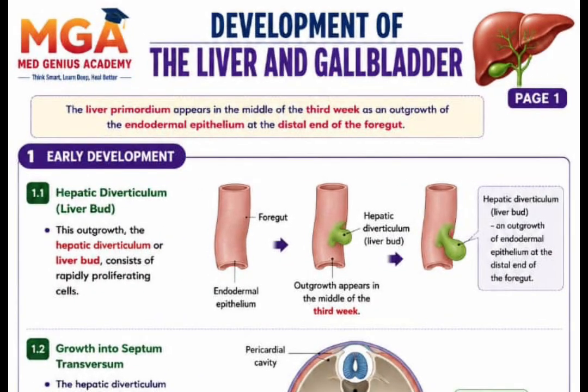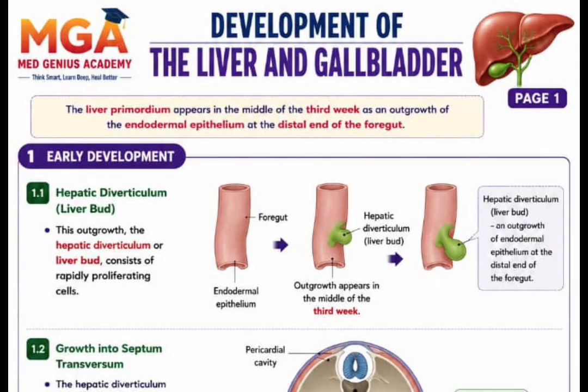Now, to begin this, we want to introduce: when does it start? When does the liver start to develop? The liver primordium appears in the mid part of the third week as an outgrowth of the distal part of the foregut. So in the distal part of the foregut, where the foregut becomes the midgut, that junction, that's where the liver grew from. The liver is formed by the outgrowth of what we call the hepatic diverticulum.